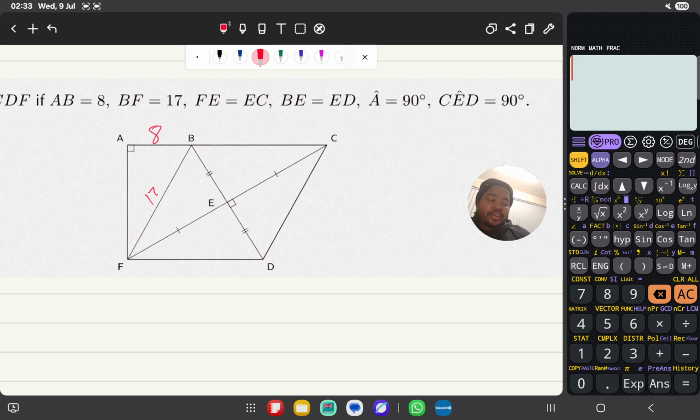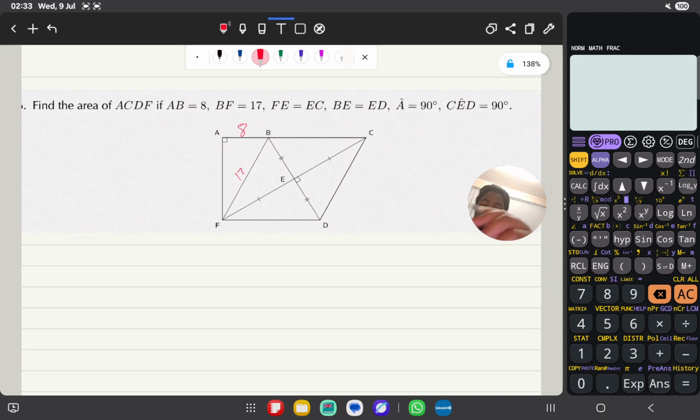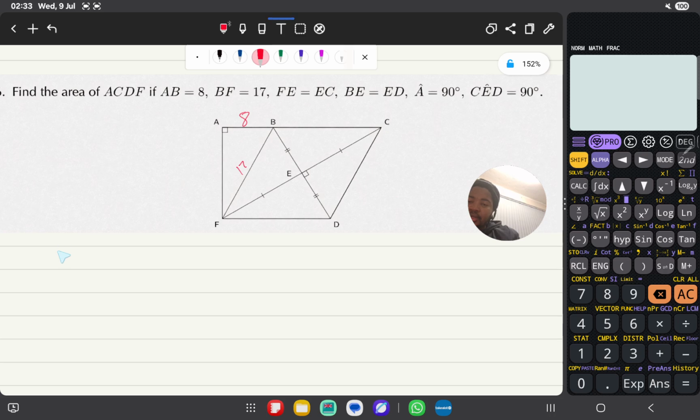So one of the reasons I said that you need to know by heart the properties of parallelograms, rectangles, kite, rhombus, square, all of these quadrilaterals that we did, is because now you look at B, C, D, F. What do you see?